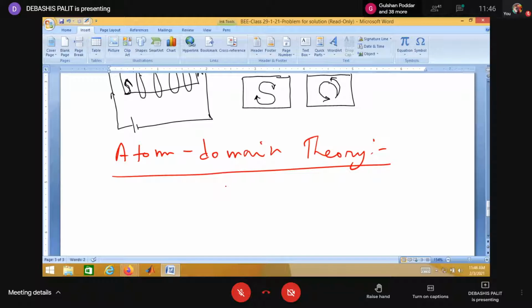It has been seen that in ferromagnetic materials like iron, nickel and cobalt, the atomic structure is always such that the electron spins are net positive or net negative. So this is the atomic domain theory.